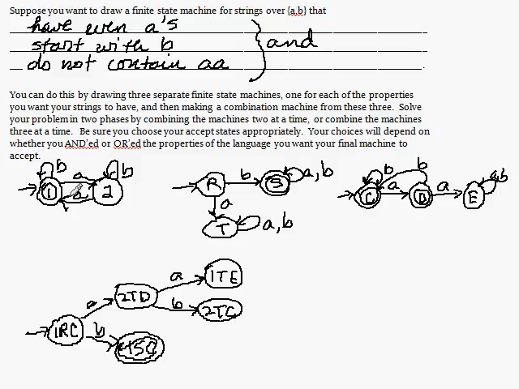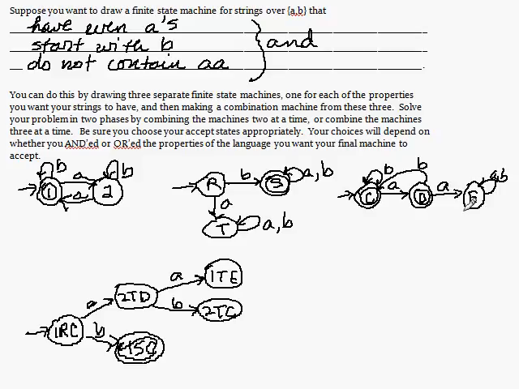And the only other possible one is 1 SD. And who knows if that will turn up or not. Sometimes you do a combination machine and the only possible accept states don't occur. That's because the intersection of those two conditions is empty.